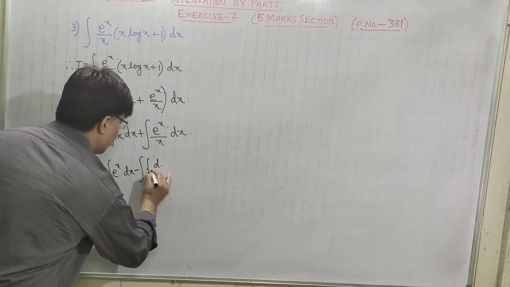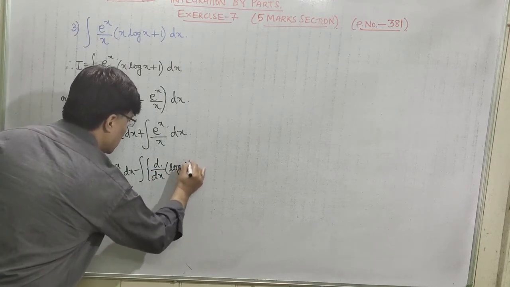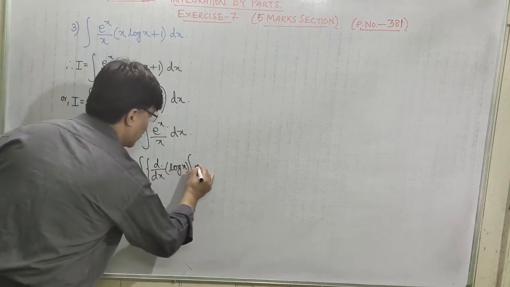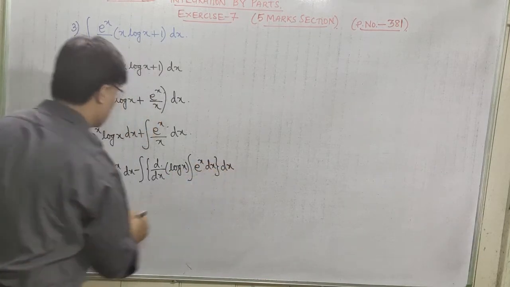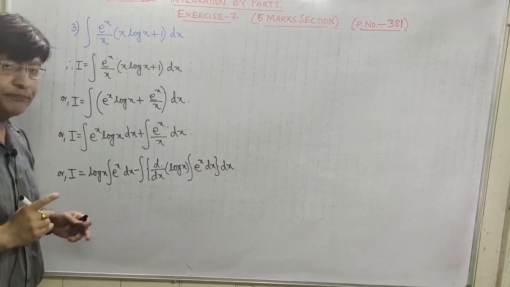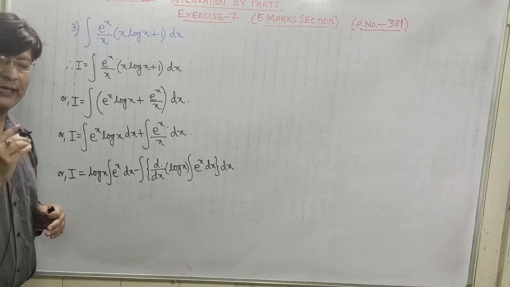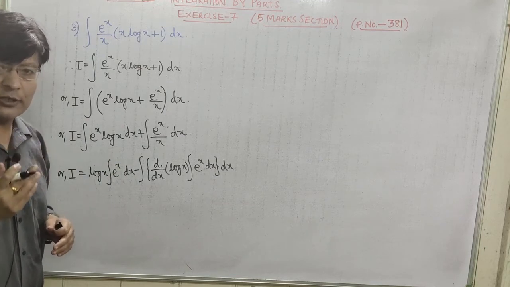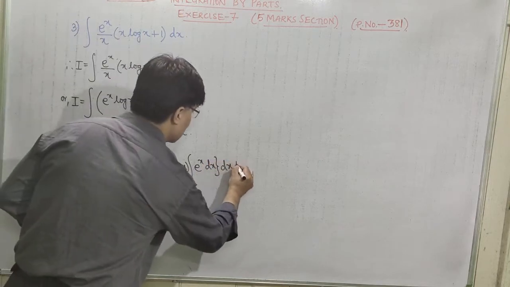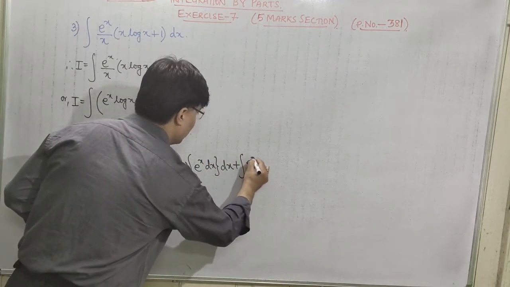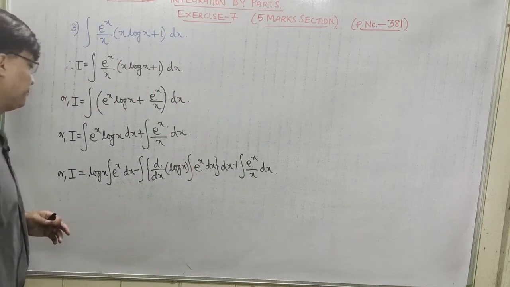Within second bracket, dy by dx of log x, integration of e to the power x dx, second bracket closed, dx. Is that clear now? So this first function is done, and in the first function we have used integration by parts. Now keeping the second term as it is, plus integration of e to the power x divided by x dx.